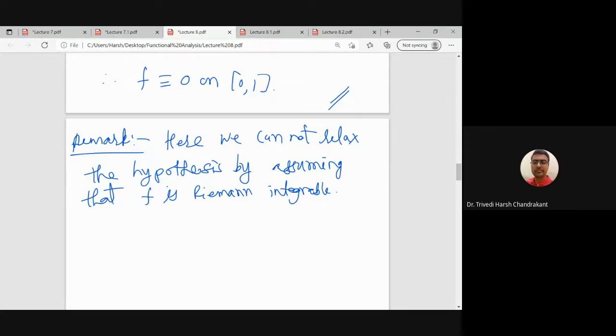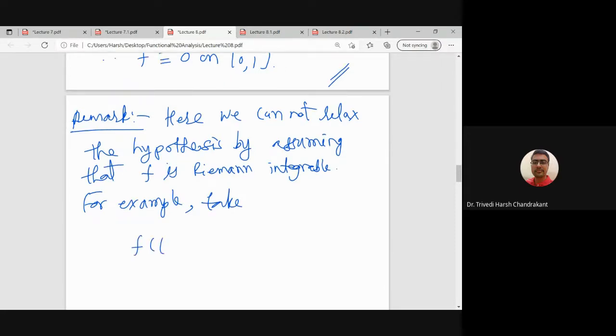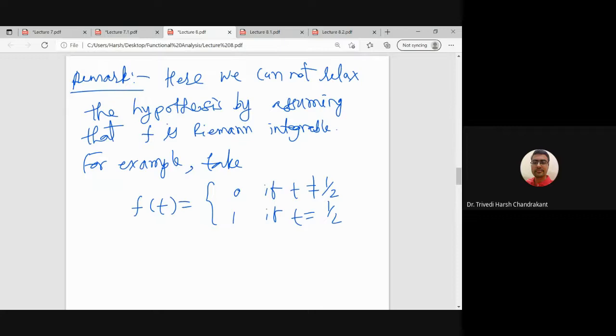Yeah, so what is the example? So the example is, take a function which is discontinuous at a particular point. Take a function which takes value 0 for t not equal to half, and takes value 1 or any positive number at t equal to half.